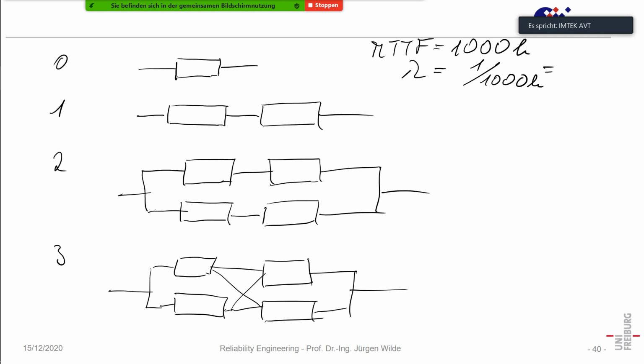And that is 1 million fit. That's a very high value. Now give me information. After 1,000 hours, how many have failed? One has failed. Sorry? One has failed after 1,000 hours. No.